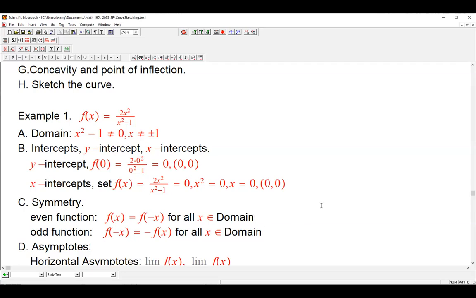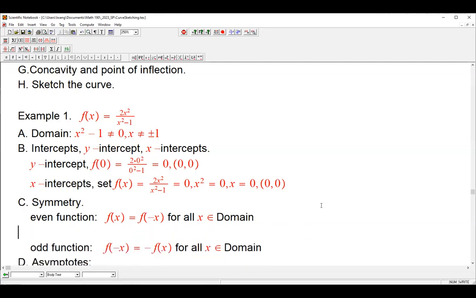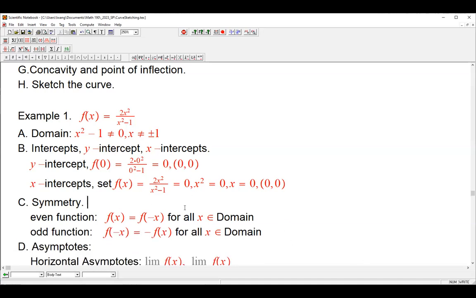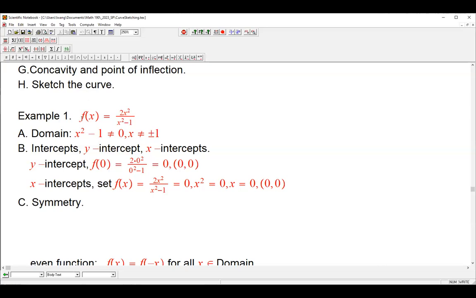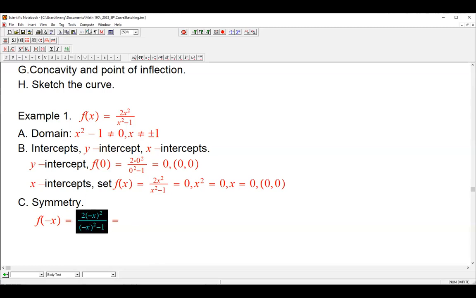Okay, symmetry. For symmetry, we mainly check whether it's an even function or an odd function. To check whether it's even, we replace x by negative x and simplify.